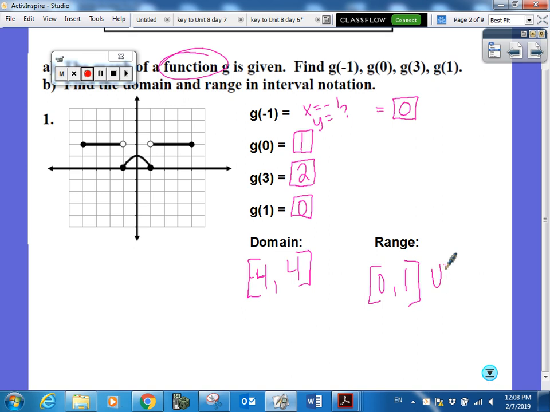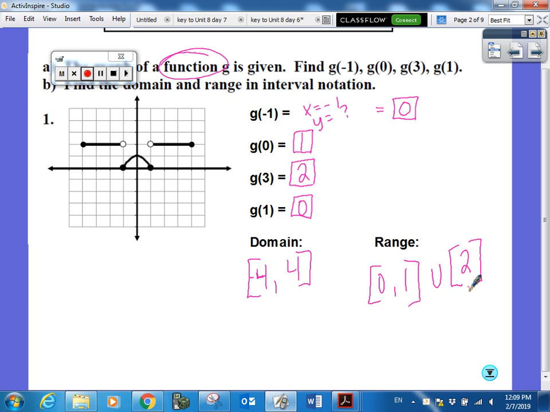So in union with, even though the graph does not equal 2 right here, it doesn't matter. Left and right doesn't matter. We're talking about up and down. 2 is a part of this graph. We just found a value to be 2. And range is the y value. And the way you represent one value on the range is the number with brackets around that number by itself. Don't write 2, comma 2. It's not a simplified version of that. It's just a 2 with the brackets.